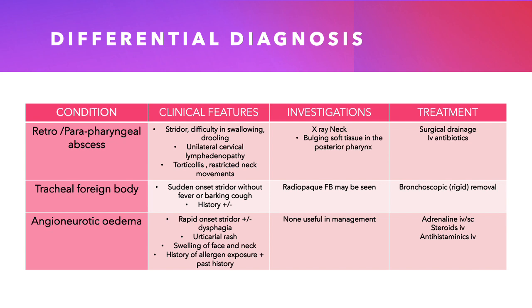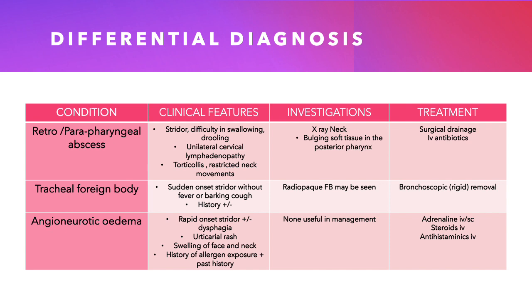History of aspiration of foreign body may or may not be present, but on the basis of clinical features you should suspect tracheal foreign body. If the foreign body is radio opaque, it may be seen in X-ray. To confirm the diagnosis and to remove the foreign body, we have to do rigid bronchoscopy.